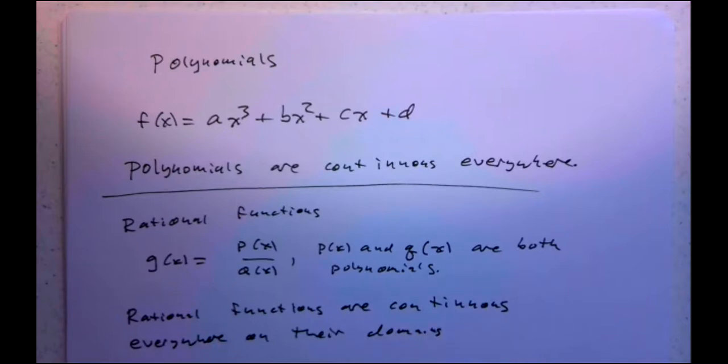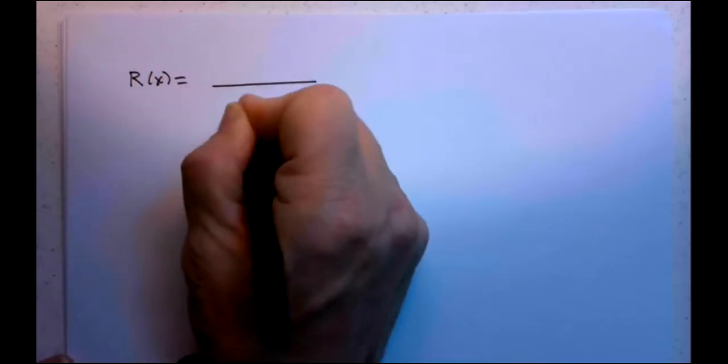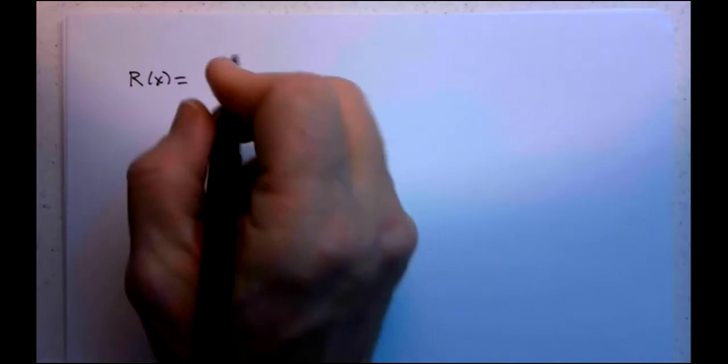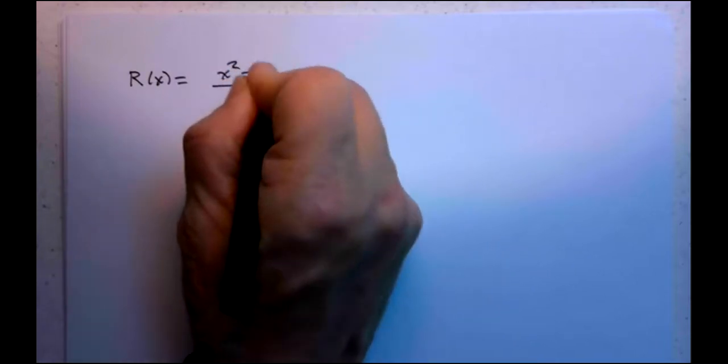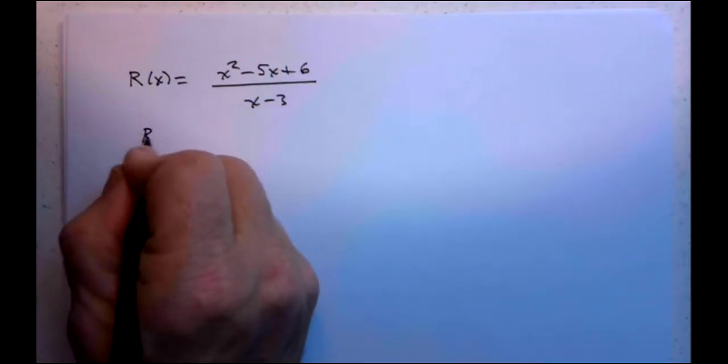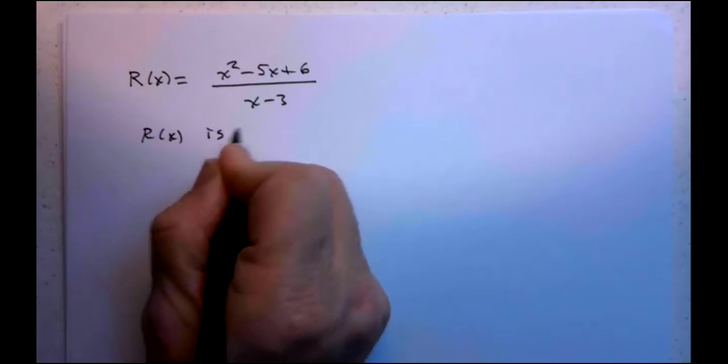So those are a couple things for us to think about. So we look at another example of a rational function. If I say, for example, r of x, we'll put an x minus 3 downstairs, so right away we know, oh, that could be a problem. How about x squared minus 5x plus 6? We would argue, no, no, no, 3 is not in the domain, so r of x is not continuous at 3.